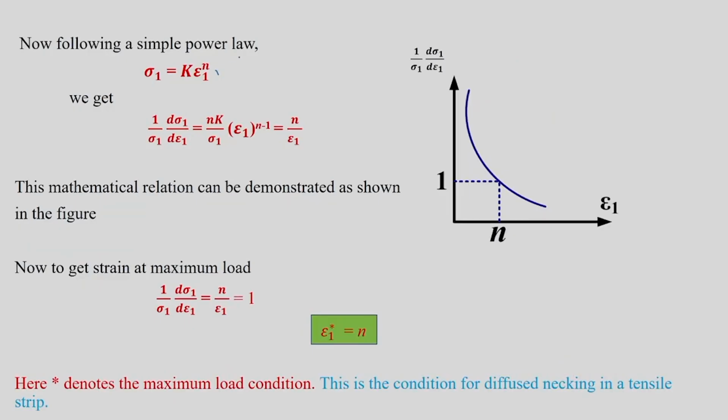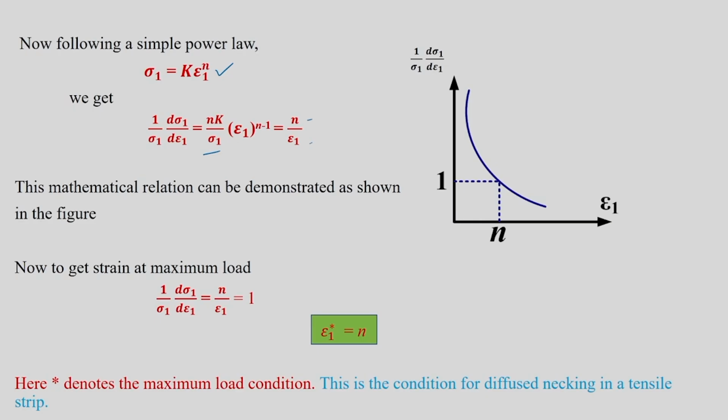If we choose that particular strain hardening law, then 1 by sigma 1 d sigma 1 by d epsilon 1: 1 by sigma 1 will remain, d sigma 1 by d epsilon 1 you can differentiate, and finally you will get that it is nothing but n by epsilon 1. Just before we make a conclusion from this, we will get one more equation which was already introduced to you in the previous modules.